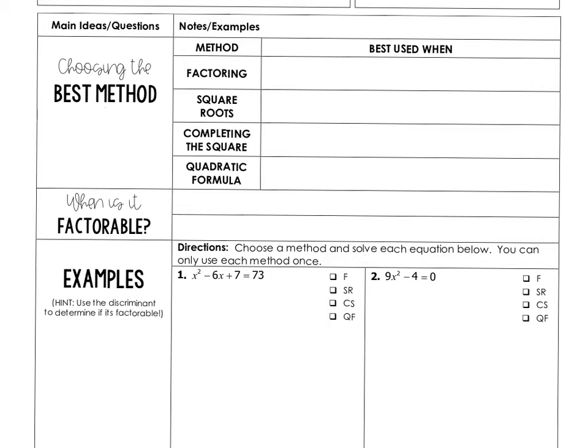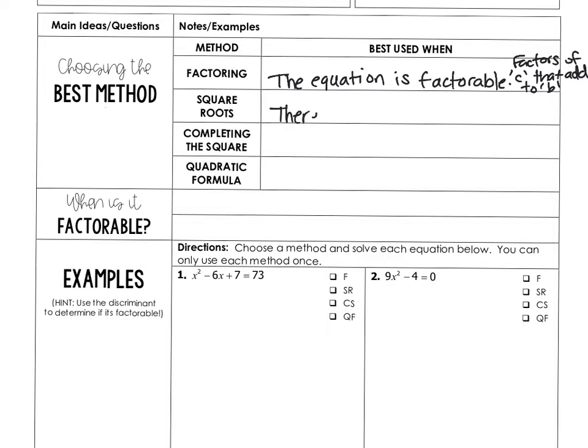Factoring is best used when the equation is factorable. That means there are factors of C that add to equal B. The square root method is best used when there is no bx term, when there's no middle term.